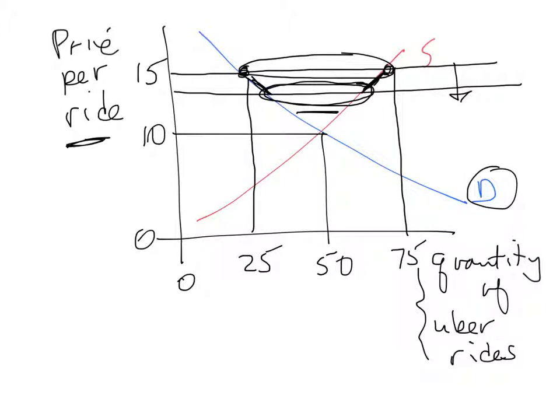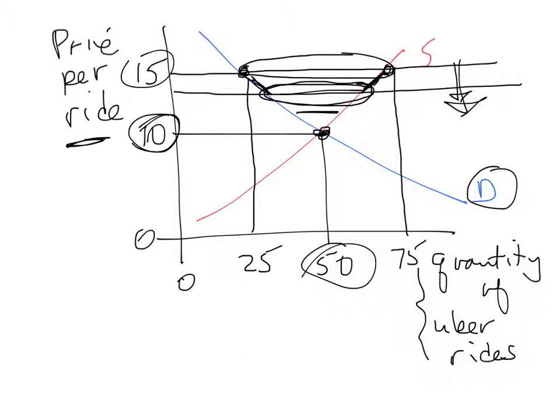and that happens in this particular picture at a price of $10 per ride and 50 rides being traded between buyers and sellers. So again, when we start at a price above the number 10, then we have an excess supply, and the excess supply puts downward pressure on the price.